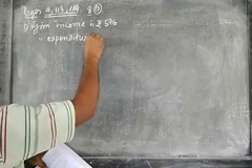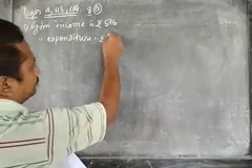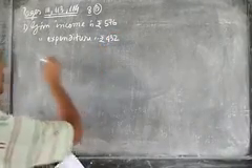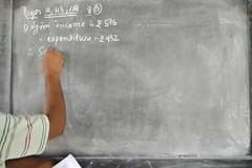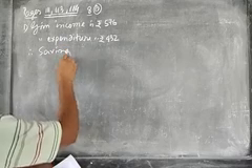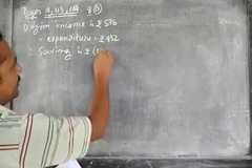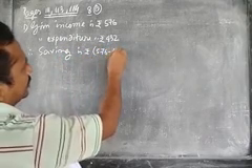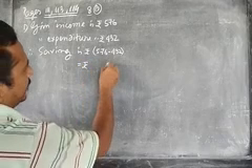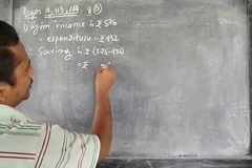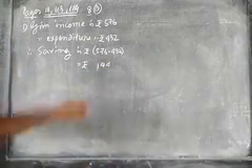Given expenditure is rupees 432. Therefore, saving is rupees 576 minus 432, equal to rupees 144, this 4, 7 minus 3 means 4. This much is the saving.